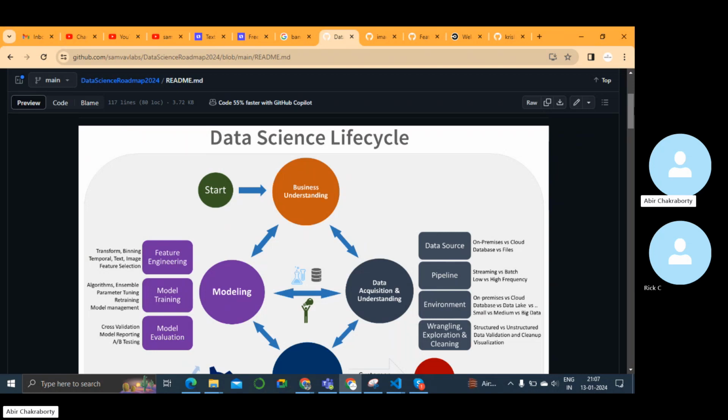Whatever the project may be, be it a medical project, a financial project, or an agriculture-related project, our main purpose in starting a data science analysis is to know why we are doing that project. For that, the business understanding or case understanding is very important.